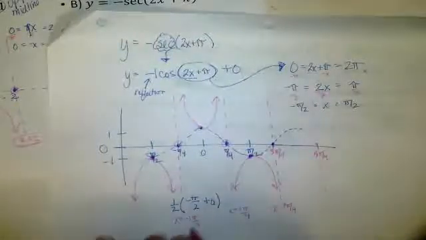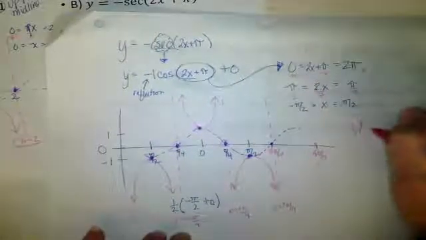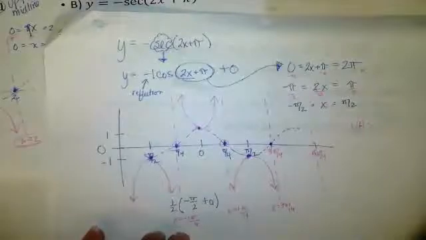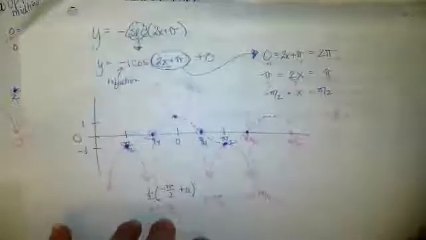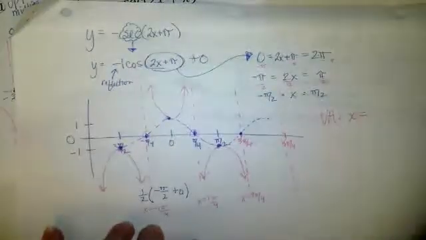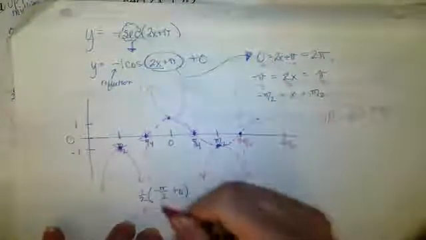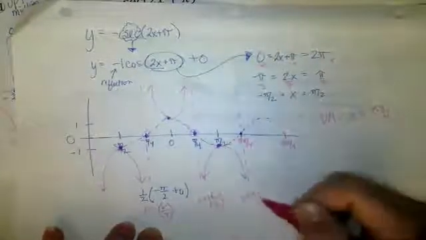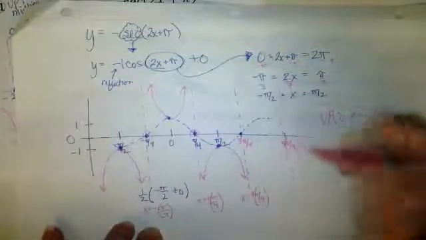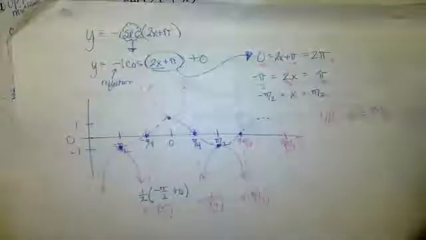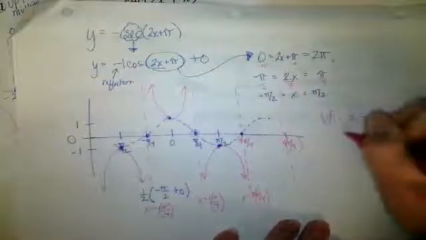And we want to describe these asymptotes. How would we describe our vertical asymptotes? X equals k pi over 4. Very good. Negative 1 pi over 4, 1 pi over 4, 3 pi over 4, 5 pi over 4. So there's some number in front of pi over 4. What is k?